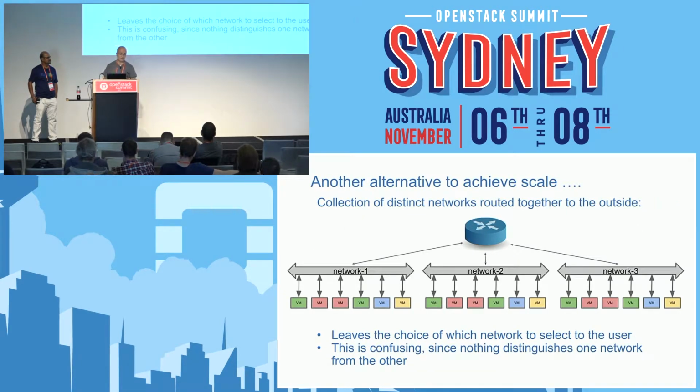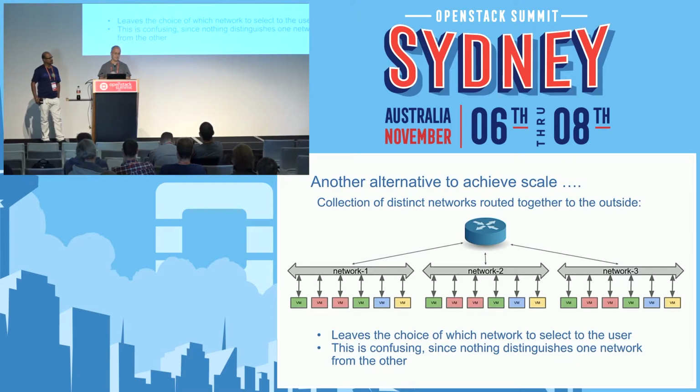And of course, another alternative, if your use case is that and you want to achieve this level of scale, is that you can define several networks and have your tenants, your users, select from a number of different networks that essentially provide the same service.